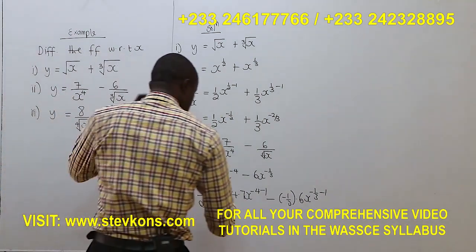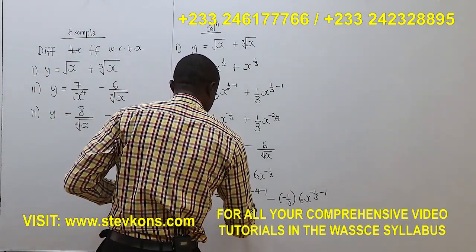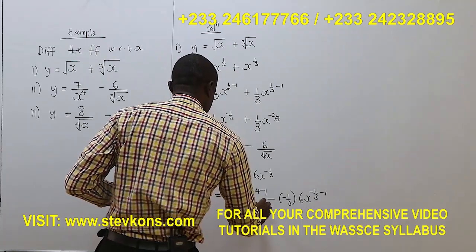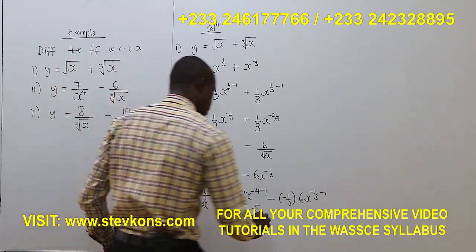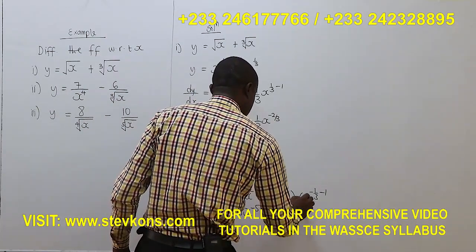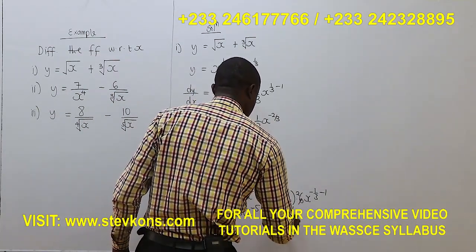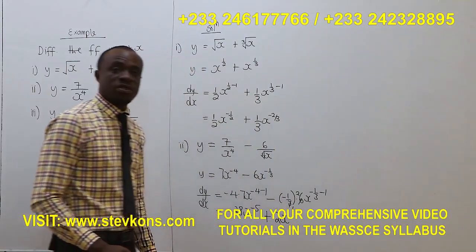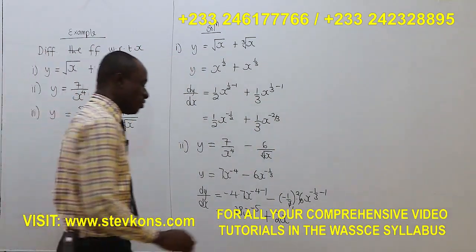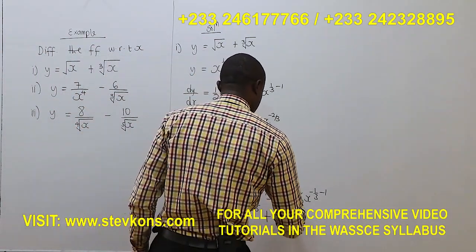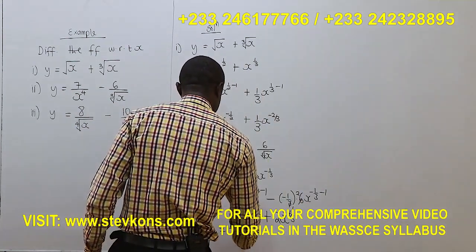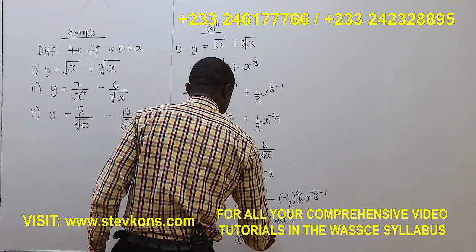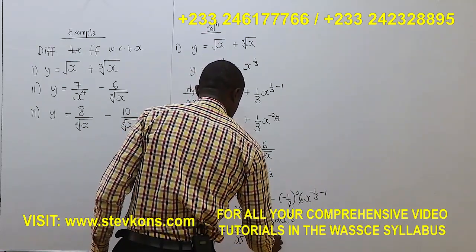And clearly, negative 4 times 7, that's negative 28x to the power negative 5. Negative times negative is positive. 3 into 6 gives 2, so we have 2x to the power negative 1 over 3 minus 1, that's negative 4 over 3. And this is the same as negative 28 over x to the power 5 plus 2 over x to the power 4 over 3.